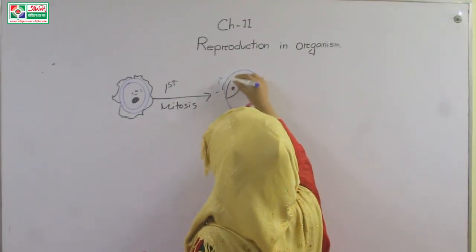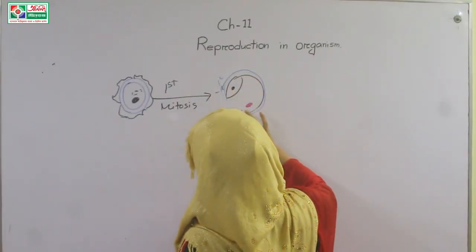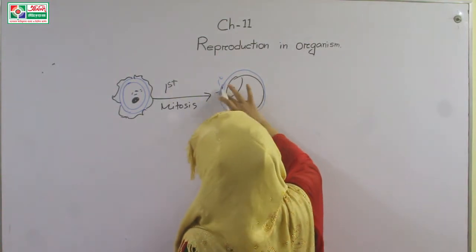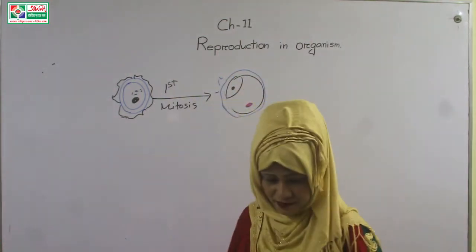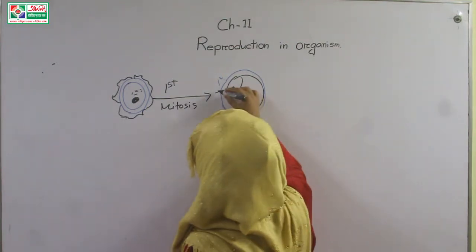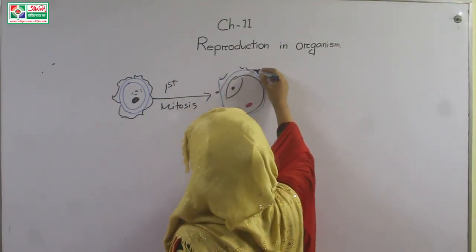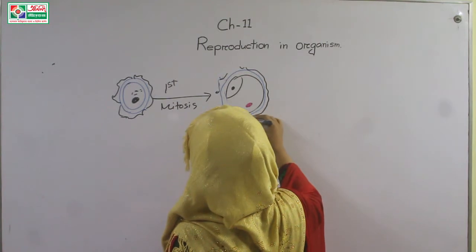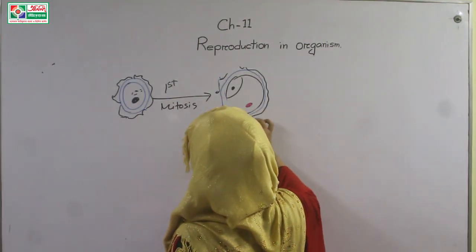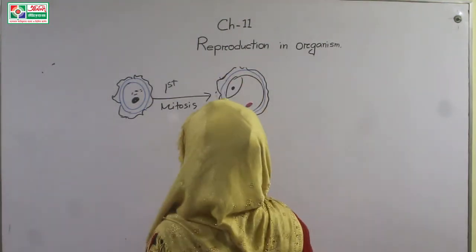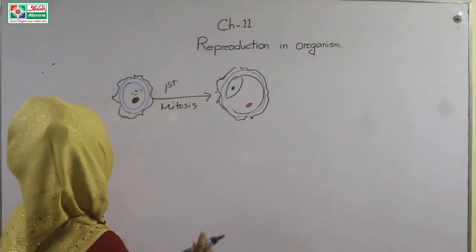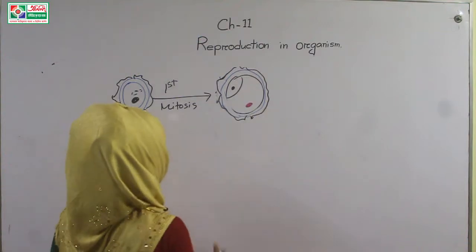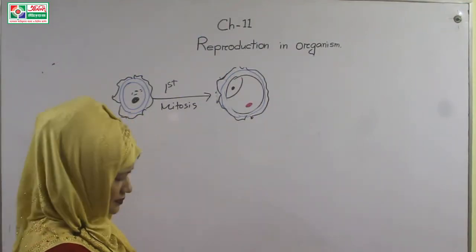That means it is intine, and this one is exine. Right? Karyokinesis has taken place. So from one cell we are getting a 2 cell structure.